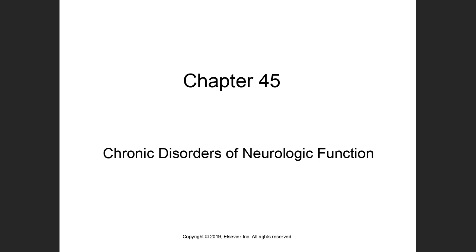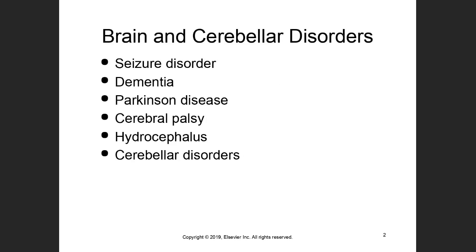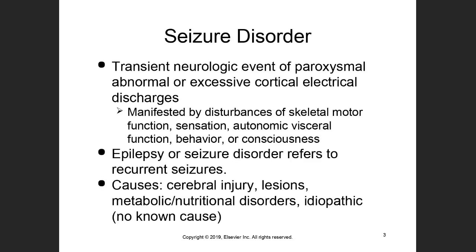Let's go. Chronic disorder of neurologic function. We have seizure disorder, dementia, Parkinson's disease, cerebral palsy, hydrocephalus, and cerebellar disorder. Seizure disorder is transient neurologic events of paroxysmal abnormal, excessive cortical electric discharge, manifested by disturbance of skeletal motor function, sensation, visceral function, behavior, and consciousness.